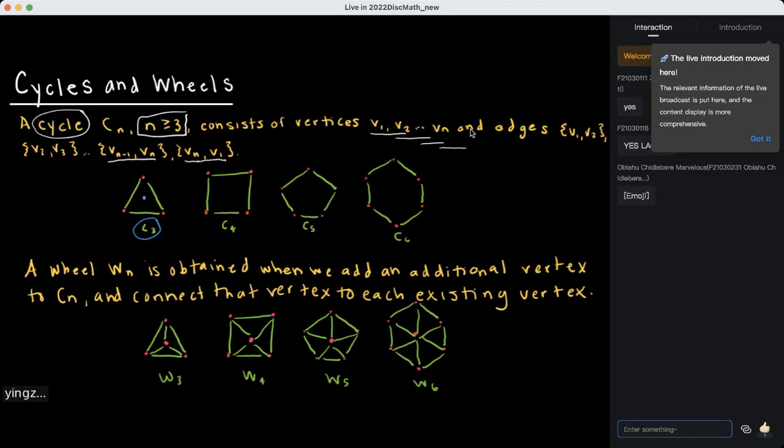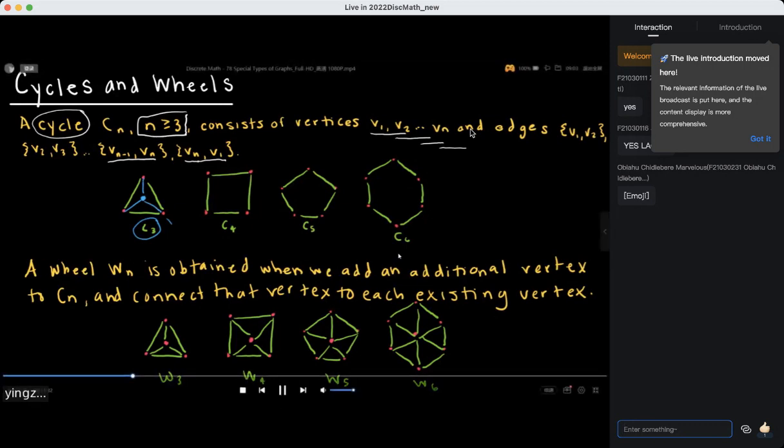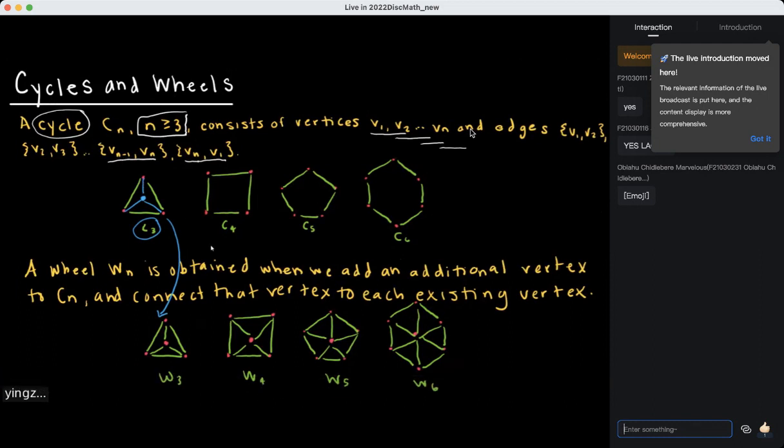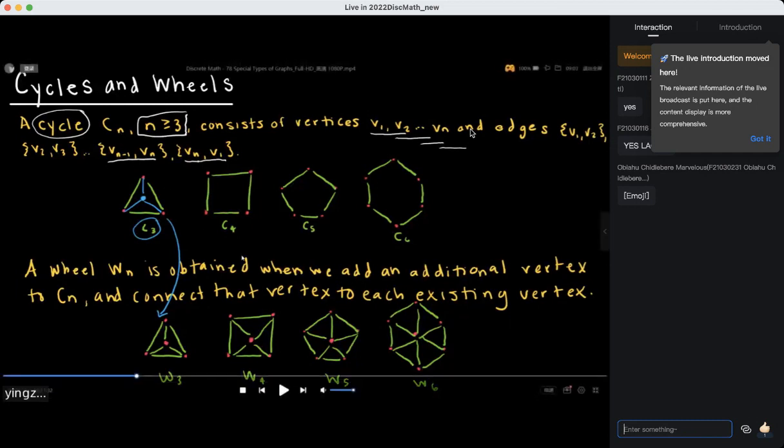If I take another vertex in the middle and connect it to each of the existing vertices, notice now that's W3. So this is very interesting for this concept. Although we didn't mention it in our slide, in the video it is very interesting to give you an introduction about these more concepts, cycles and wheels.